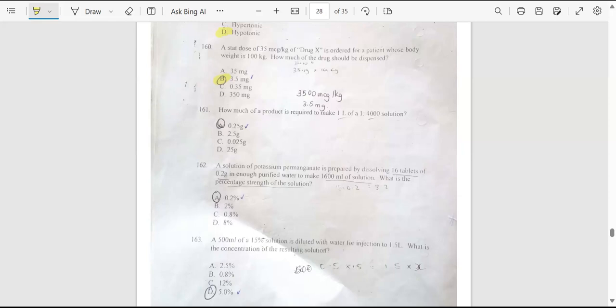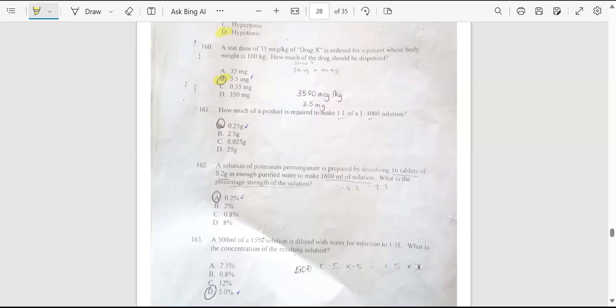Mcg is micro, so to convert it to grams, that's to the power of -6. And from grams to milligrams, that's times 10 to the power of 3. Dividing all that, I get times 10 to the power of -3. So 3,500 times 10 to the power of -3, I get 3.5 mg.